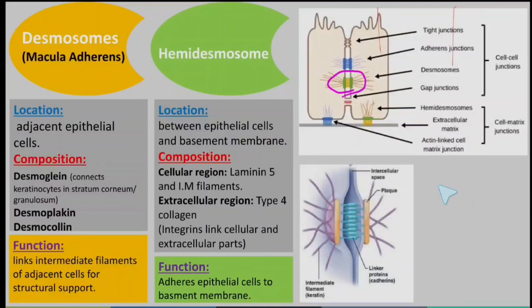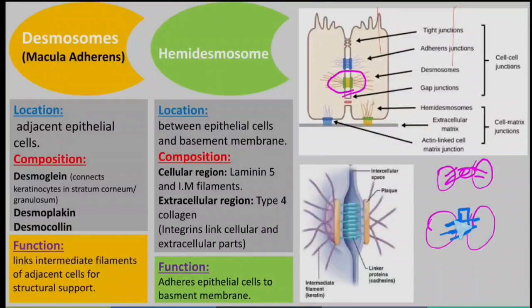So the thing is that in the previous structure we talked about, zonula adherens, two epithelial cells are linked together through the actin filaments present in the adjacent epithelial cells. In this one, we are going to link two epithelial cells through intermediate filaments.